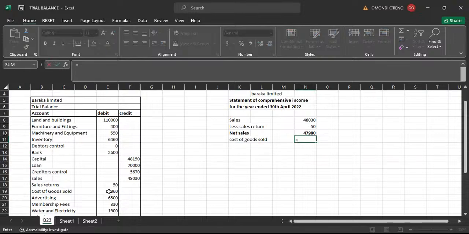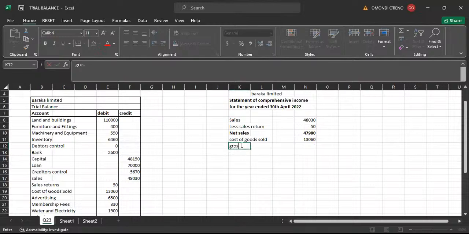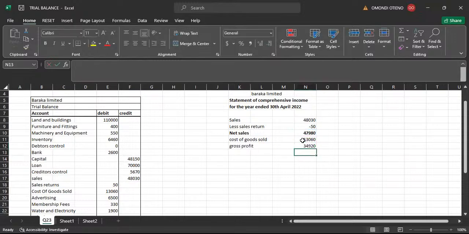But because we are going to less it to get a gross profit, you can just have it here or indicate a negative against it. So our gross profit is equivalent to net sales minus cost of goods sold. That is the gross profit.